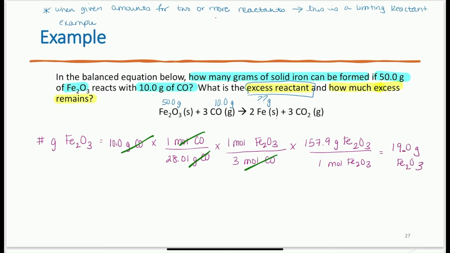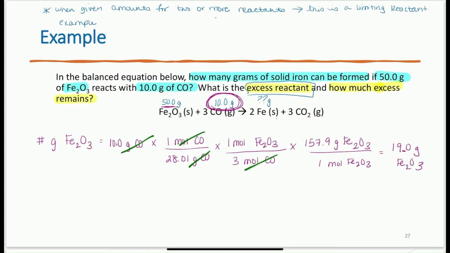What does this 19.0 mean? This means in order to react all 10 grams, I need 19 grams of iron 3 oxide. Do I have enough? Yes, I absolutely have enough. So therefore, I know right now that my iron 3 oxide is my limiting reactant.